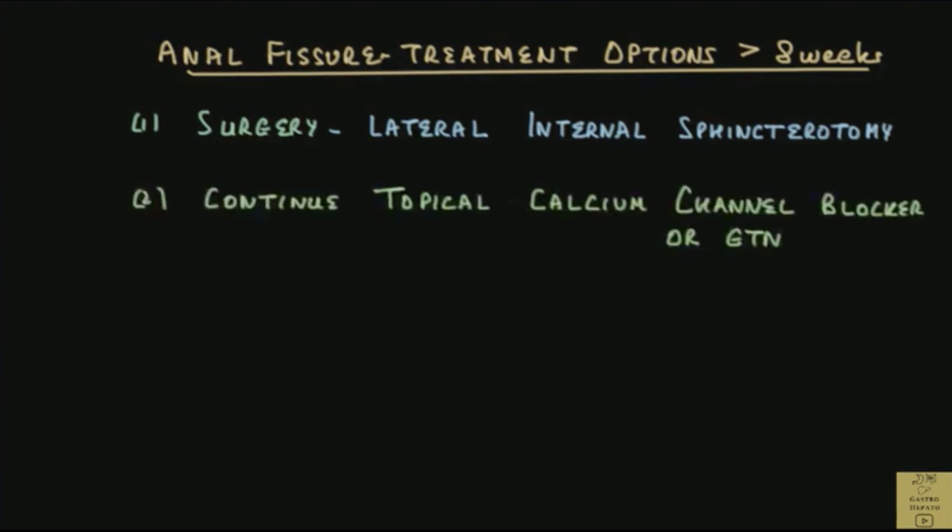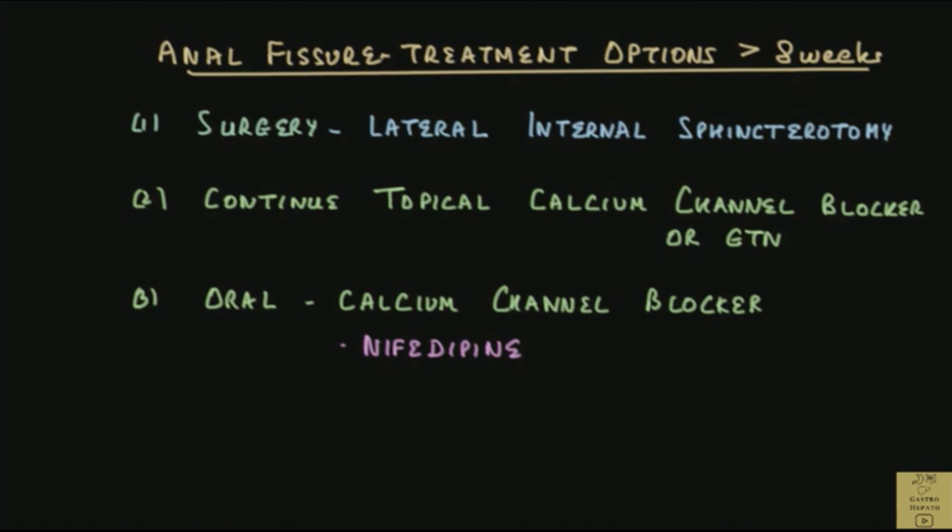Another option is to continue with topical calcium channel blocker or GTN ointment as mentioned earlier. Another option is the use of oral calcium channel blockers to relax the anal muscle. Examples are nifedipine, an example being a drug called Adalat long-acting, or diltiazem.